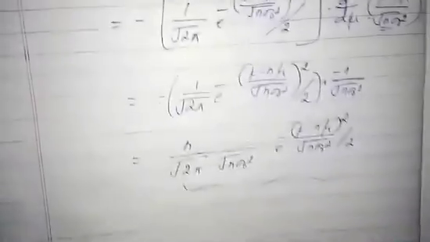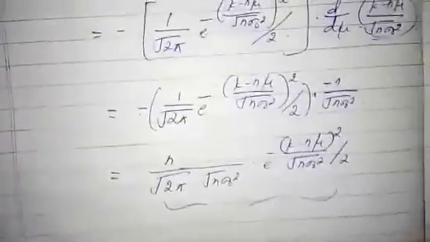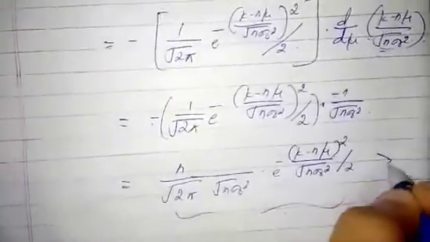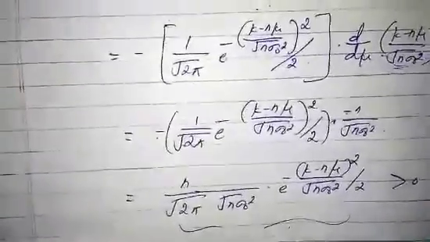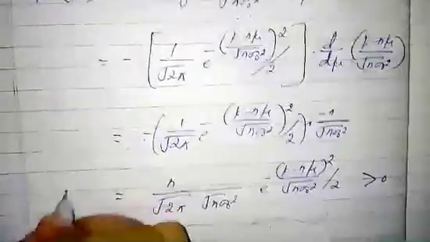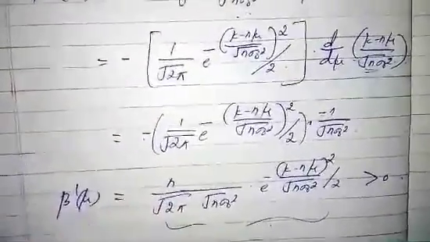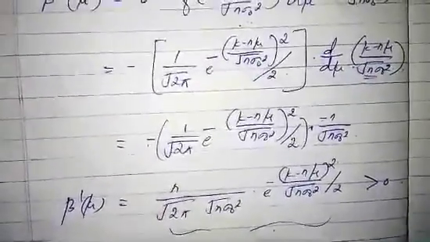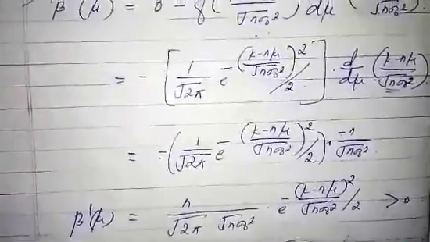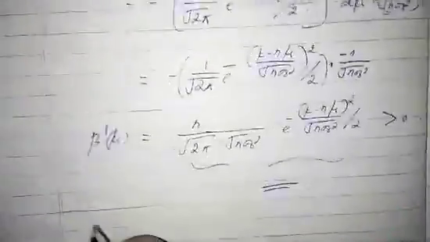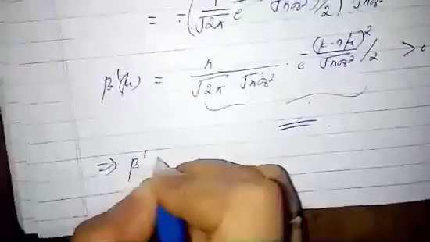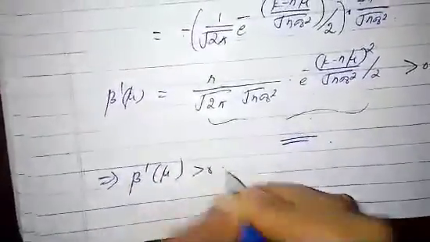Is this term greater than 0 or less than 0? This is greater than 0, so beta dash of mu is greater than 0.